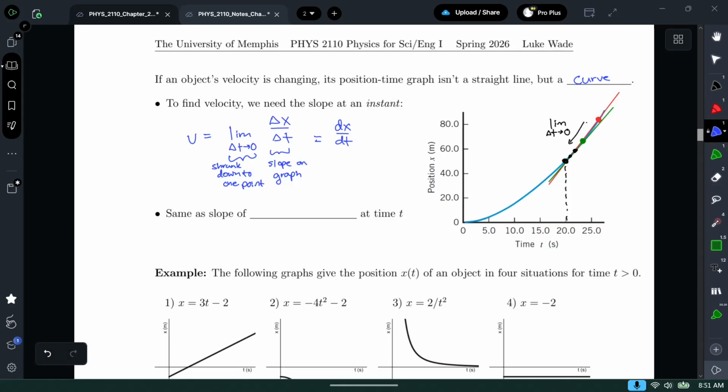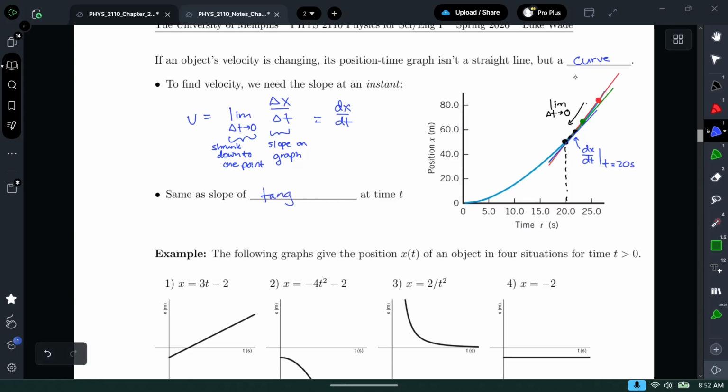That's the one that actually touches the curve, the slope of the curve at that instant. And that blue one is what we call the derivative of this graph at time 20 seconds. It is that tangent line, the line that is just grazing the curve at that point.